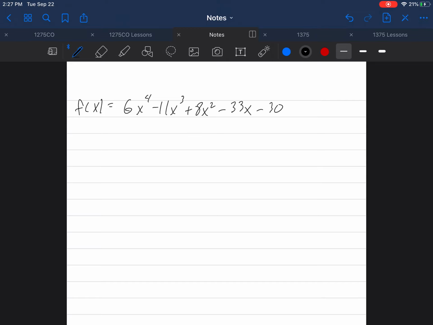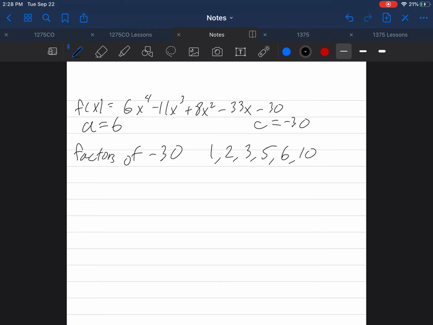This is going to be a big one, so we can see how big this rational root test gets when these numbers are not prime numbers like we just saw. So a is equal to 6 and c is equal to negative 30. So let's write out the factors of c, rather. Factors of negative 30 are 1, 2, 3, 5, 6, 10, 15, and 30.